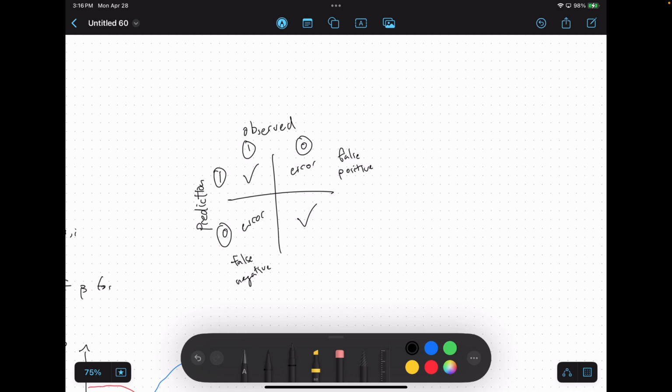Which one's worse? Depends on the situation. Maybe this is a little sensitive, but if it were me, I would much rather hear that I have cancer and not have it, because then I could be proactive about it, see more doctors, and figure out that I actually don't have cancer, compared to them telling me I don't have cancer, and I'm like, okay, I'm good, but I actually have cancer, and then I don't treat it, right?